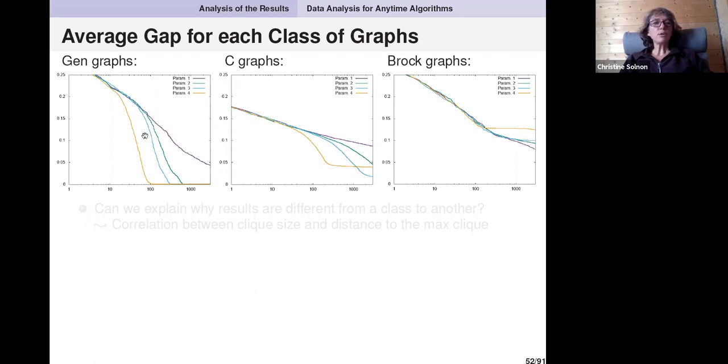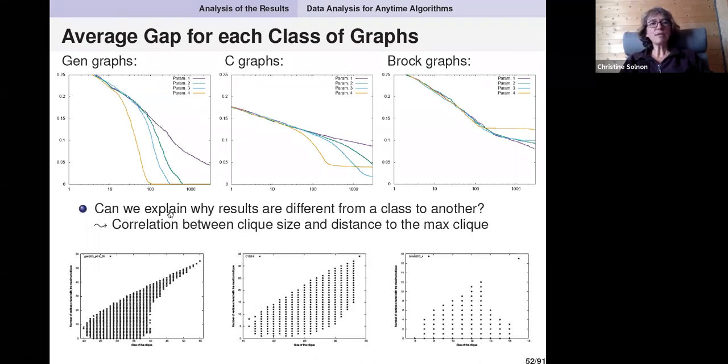And so the question, and I'm not going to spend a lot of time on it, but I find it very interesting. When you observe very different conclusions on different kinds of graphs, then it is always interesting to try to understand why, and in particular, why random search is the best approach on the Brock graphs. We can explain this by looking at the fitness landscape of these graphs.